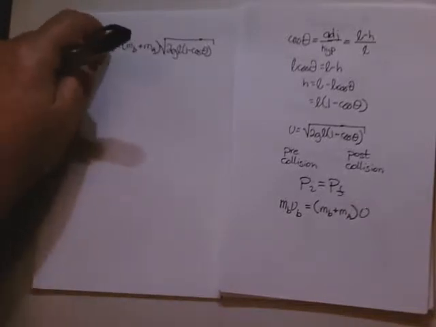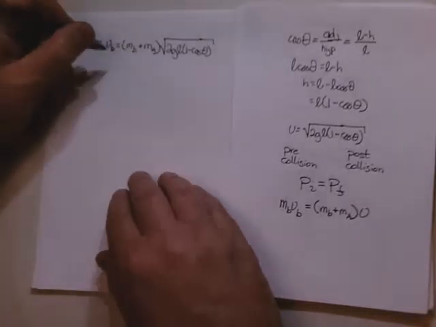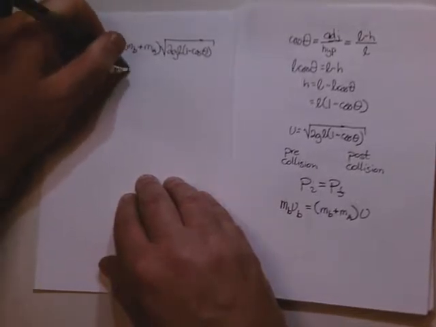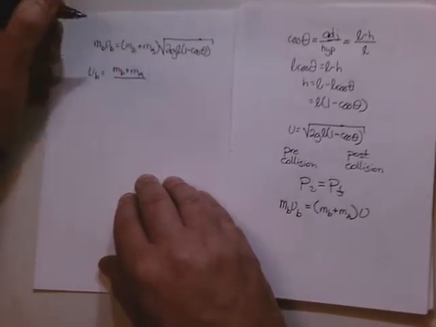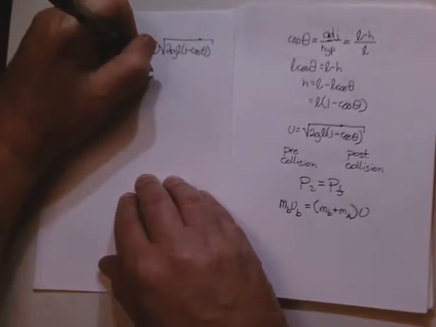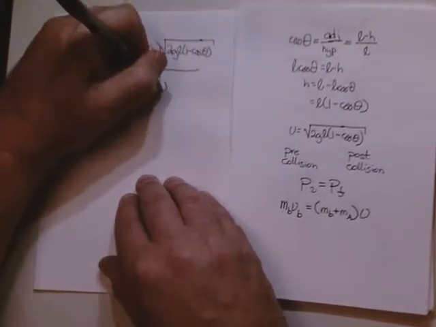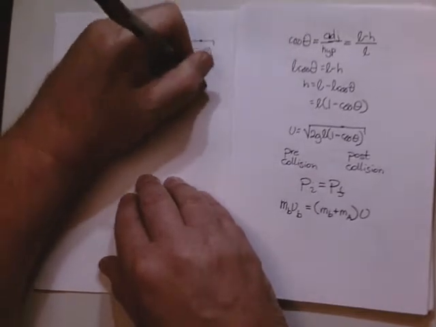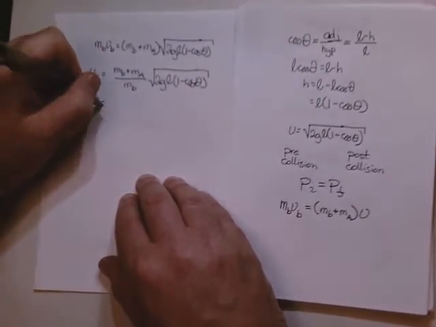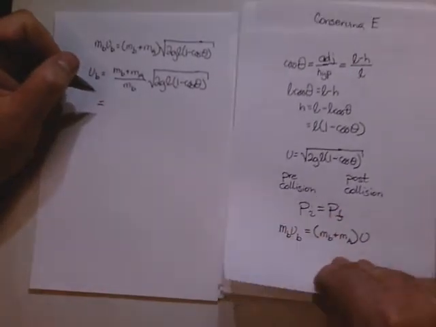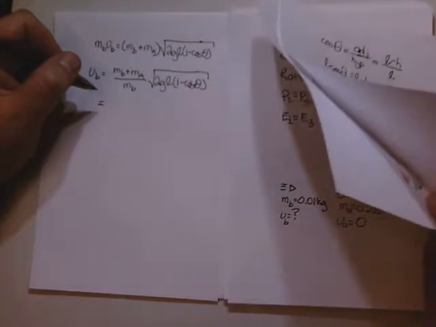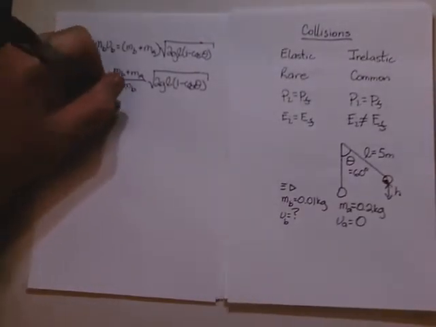The whole goal is to find VB. So VB is (MB plus MA) over MB times the square root of 2GL(1 minus cosine theta). So the mass of the bullet, 0.01.